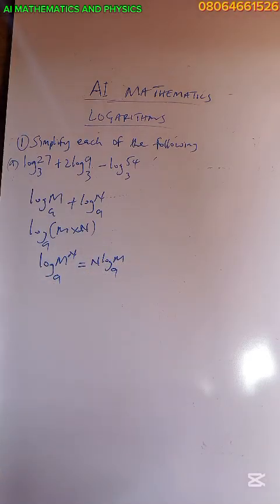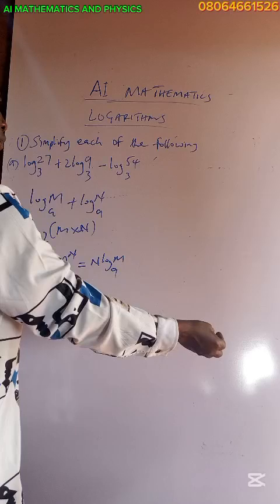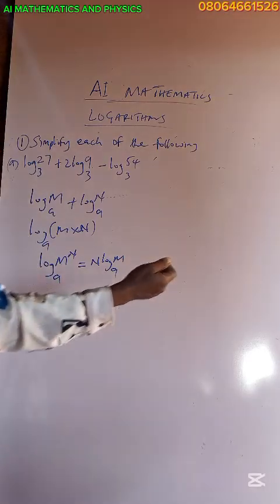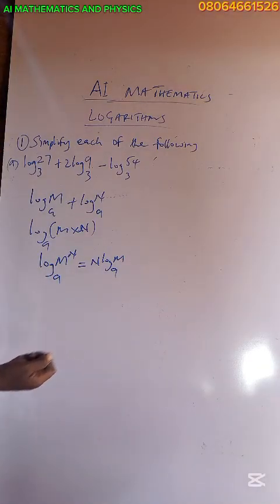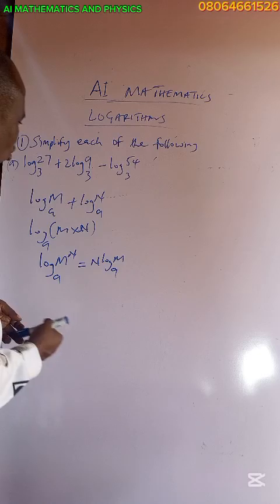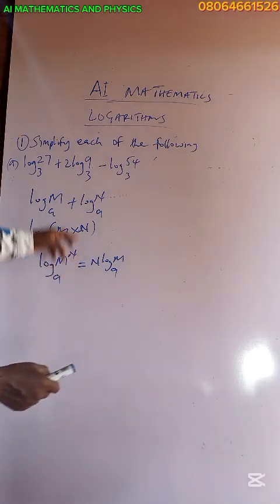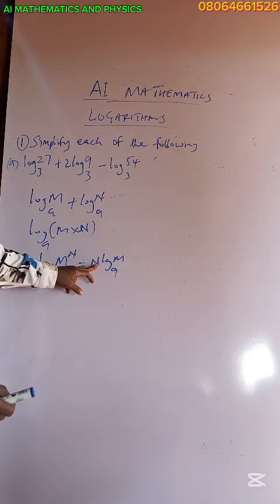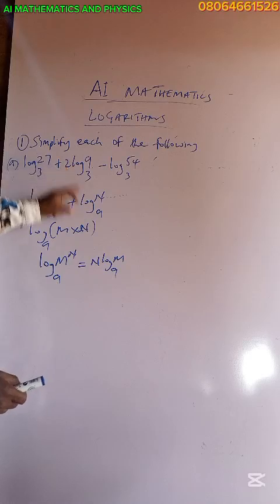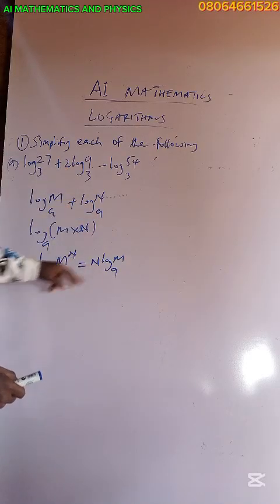In mathematics, you can go forward or you reverse back, depending on the question you want to solve. 2 is n here, you can see now, but we want to transform it to this.